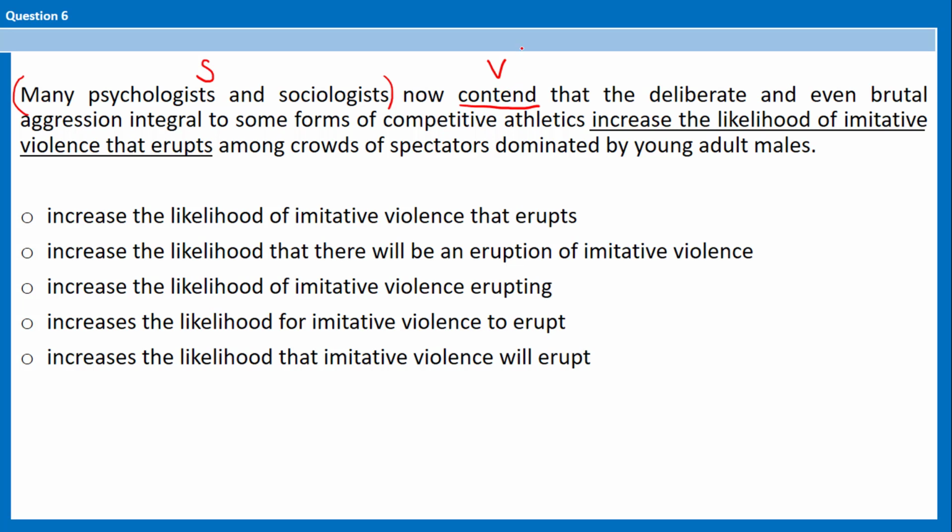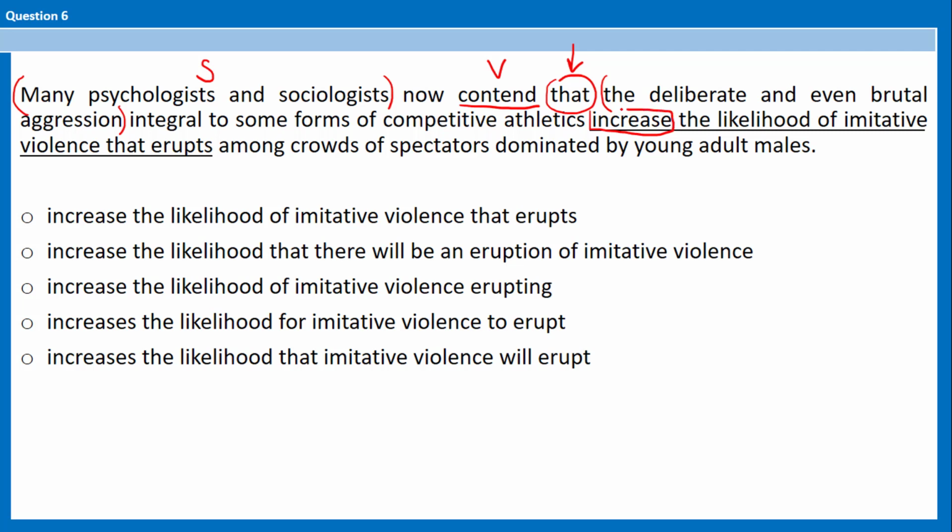A lot of times when you have a verb plus the word that, the word that becomes a subordinator of another subject and verb. In this particular case, that is subordinating the subject, the deliberate and even brutal aggression. The deliberate and even brutal aggression, integral to some forms of competitive athletics, increase.